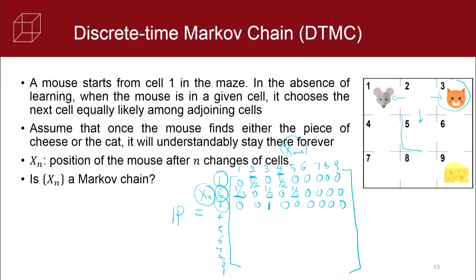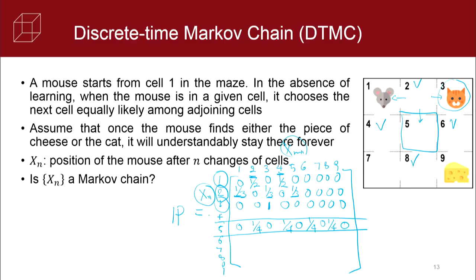And if you think about cell 5, suppose that the mouse is in cell 5, and he could choose the next cell, either 2, 4, 6, or 8. The mouse chooses among these 4 possible cells equally likely. So for 2, 1/4, for 4, 1/4, for 6, 1/4, and for 8, 1/4, and 0 for the others, right?